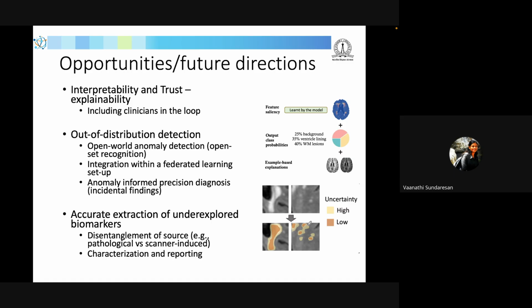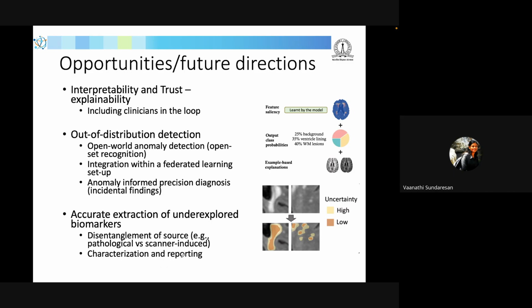So eventually I wanted to say that combining multiple techniques and getting underexplored biomarkers can lead to better characterization, and now even LLMs are being used along with the visual models to create more of a VLM setup to provide more accurate reporting.